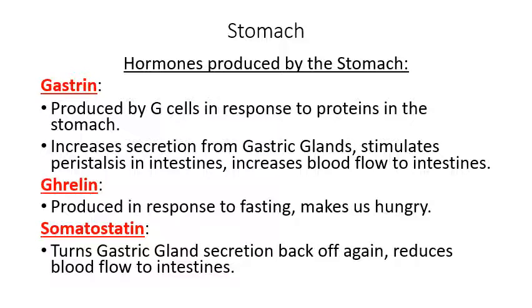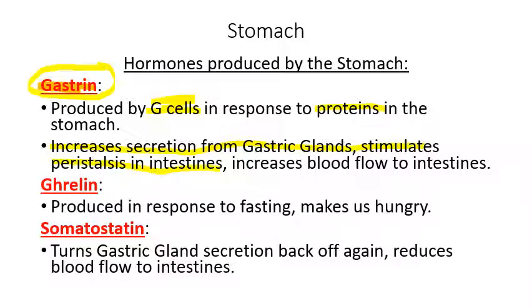Right, so to begin with, we have the hormone called gastrin. So gastrin is produced by a type of cell called G cells in response to proteins being in the stomach. So as soon as you swallow proteins, the G cells get busy and they produce gastrin. And that hormone increases the secretion from the gastric glands and stimulates peristalsis in the intestines.